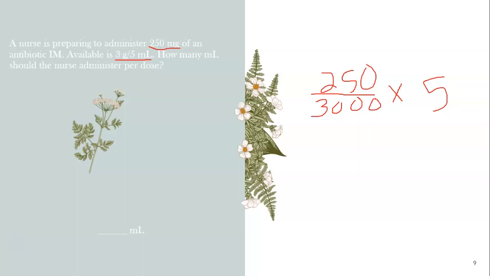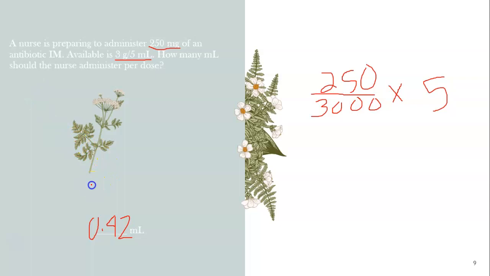So I take my 250 divided by 3,000 times 5, and I get 0.416666667. Okay, so depending on my answer, right, I want to look and find out if it says nearest tenth.